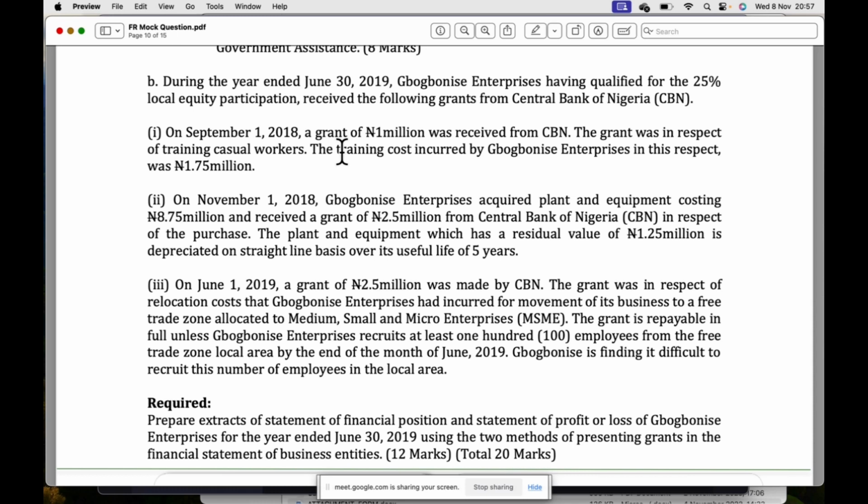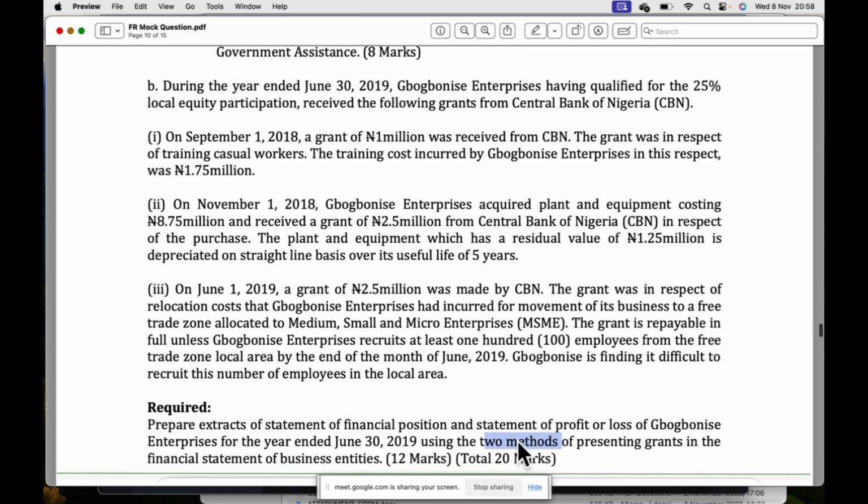Okay, fantastic. But with the way this question is, you are supposed to do the two, because they say using the two methods. So that means you are supposed to do the two. But that's correct. That's the first thing you need to figure out, and you are correct.